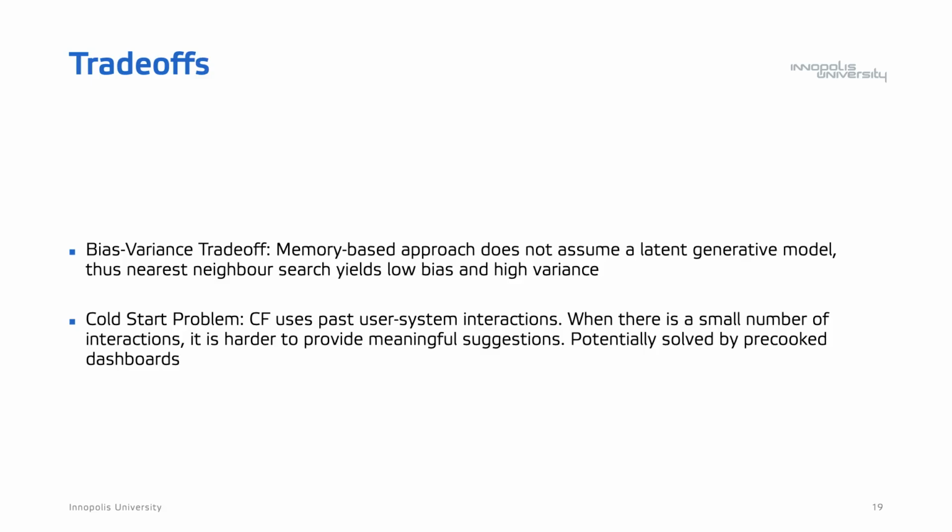We also wanted to address the cold start problem, because collaborative filtering uses past user-system interactions, and if there are not many interactions, the system might be susceptible to errors. The suggestions are not going to be as effective as they would be if there were many interactions. This could be solved by precooked dashboards.